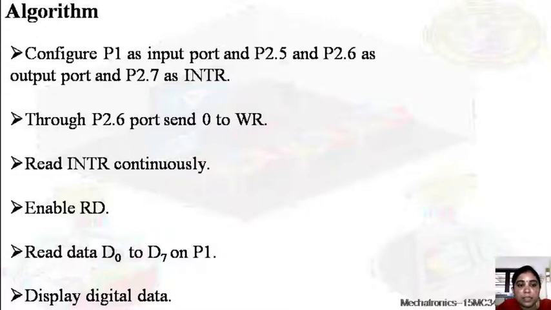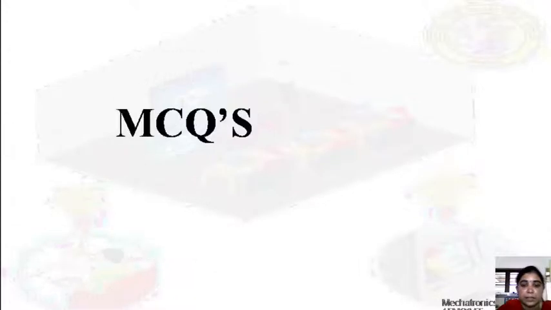The next step is, through P2.6, the 6th pin, send 0 to the write pin. Then we should keep on watching the interrupt pin continuously, then enable the read pin, and the next step is to read data pins from D0 to D7 on port 1, then display the digital data finally.